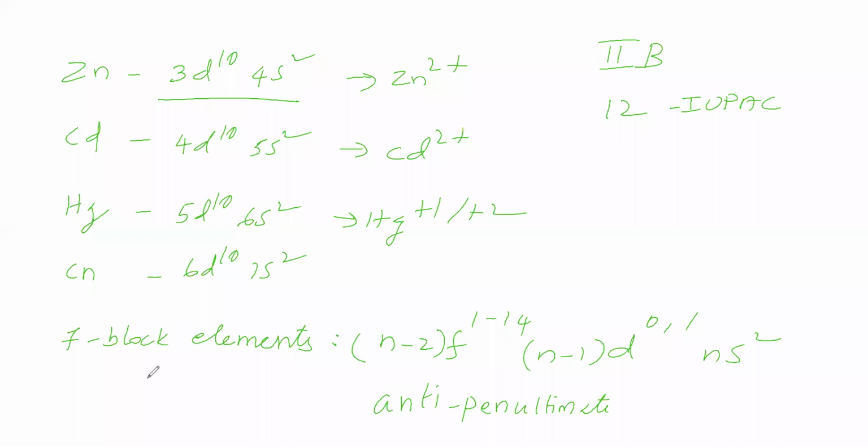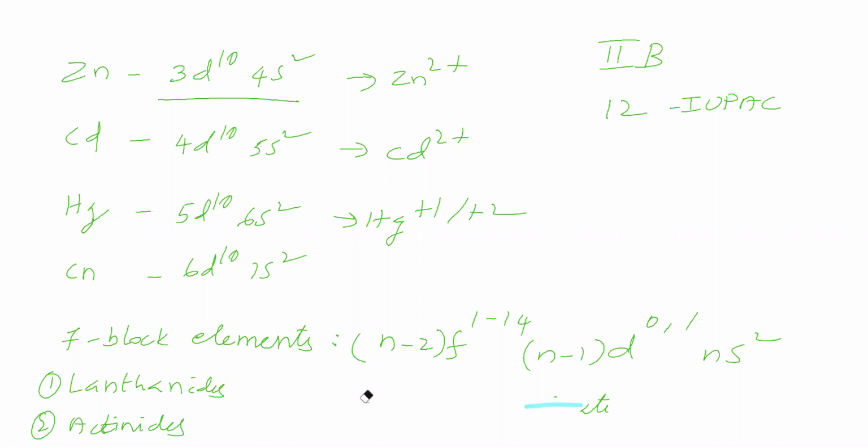In this F block, two series are there. One is lanthanides, another one is actinides. For lanthanides, what is the period number? Period number is always 6.